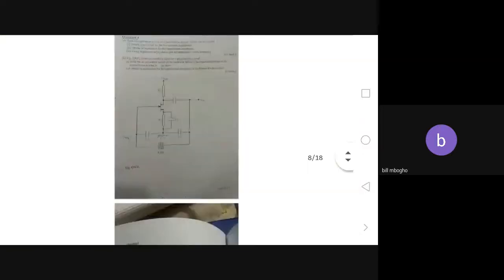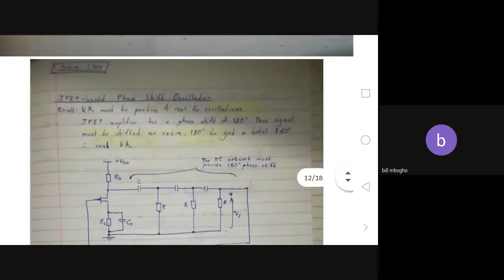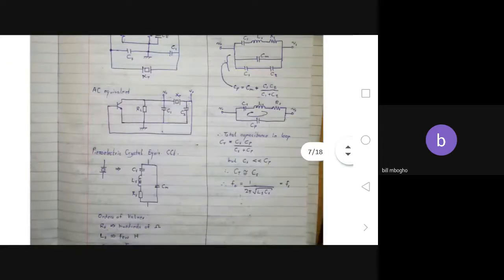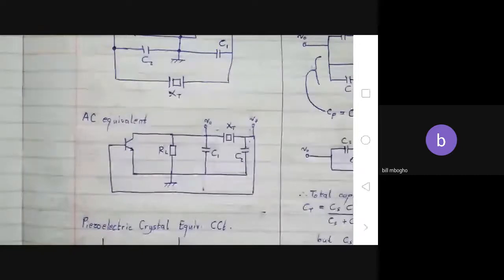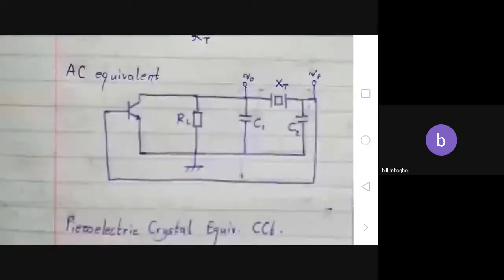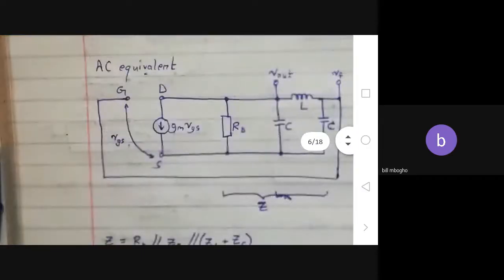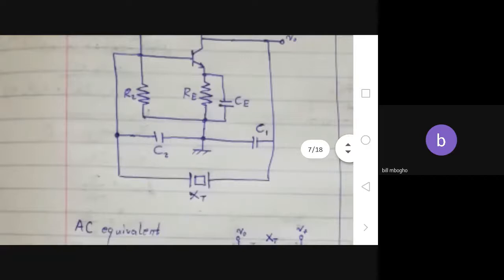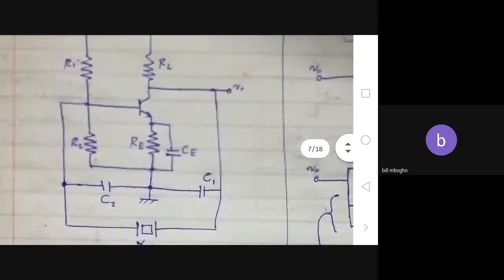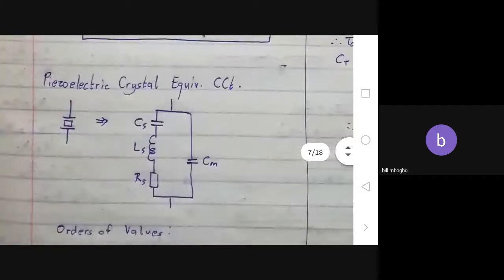So the equivalent will have, instead of the BJT, the G, D, and S parts with the gm VGS thing here, and the GDS part. Then you replace XT with this, and that's it.